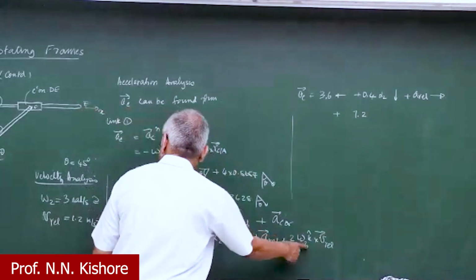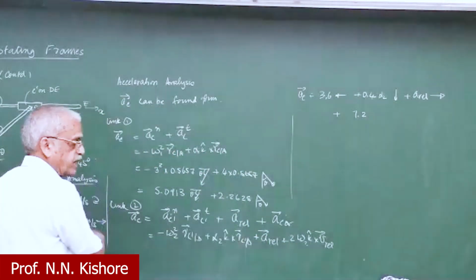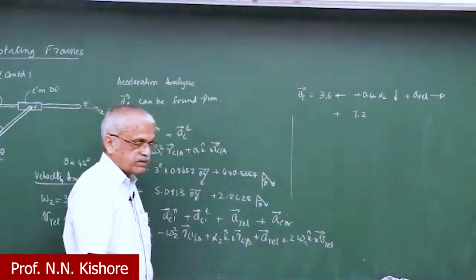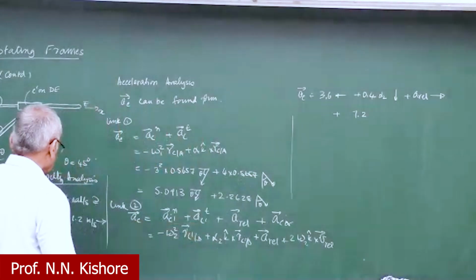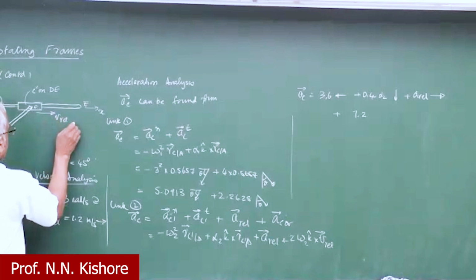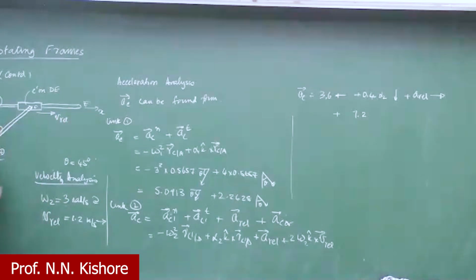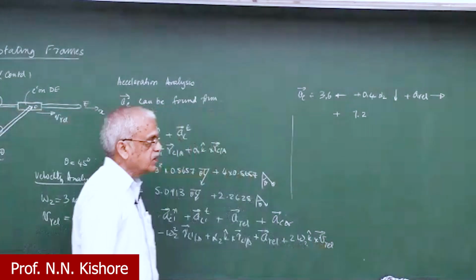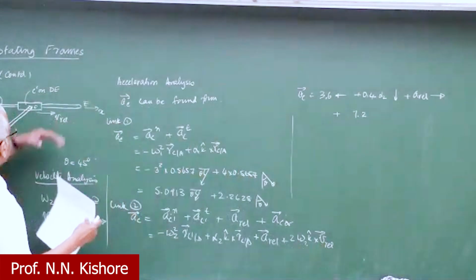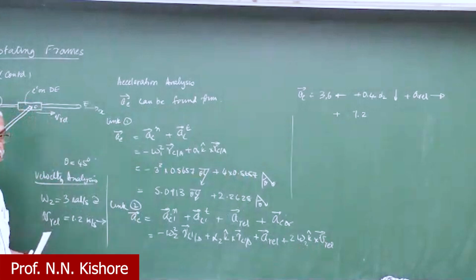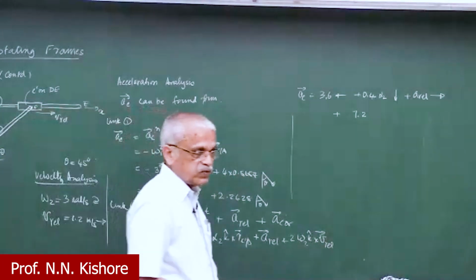So we have VREL here and omega 2 is going inside, and then if you take a cross product of these two, it will be in this direction, K cross VREL. So that is the direction.